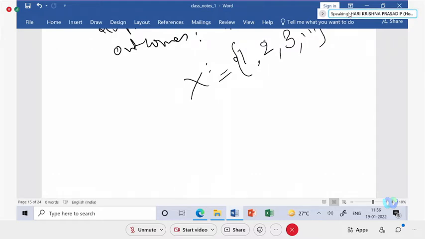Now let us see another set of examples. The random experiment we are considering: suppose I have purchased a 1 meter cloth. In the shop, 1 meter length is measured, cut, and handed over to me.